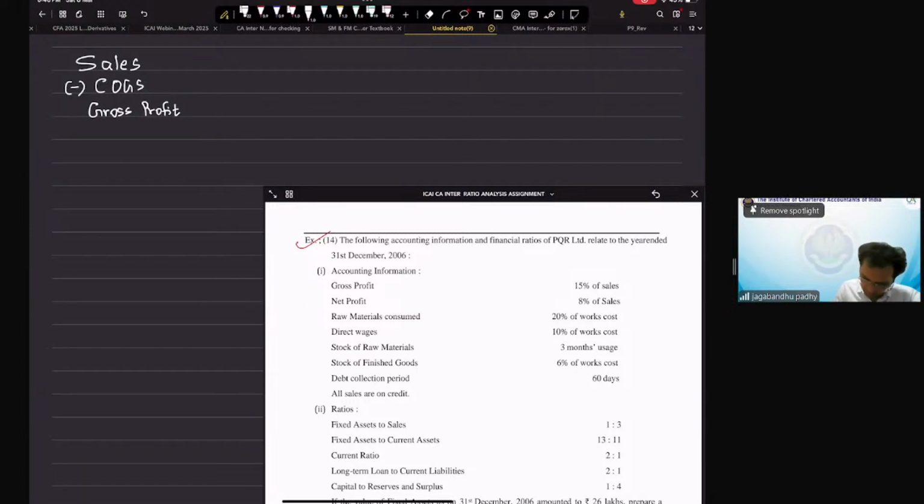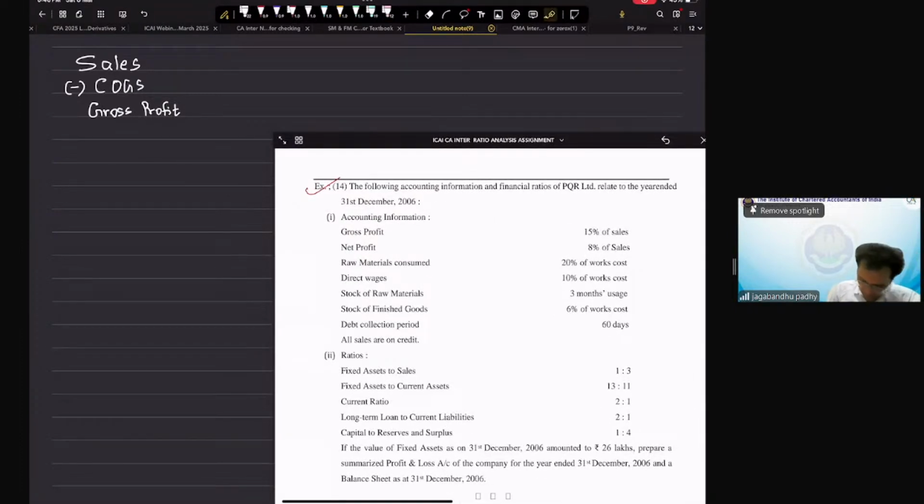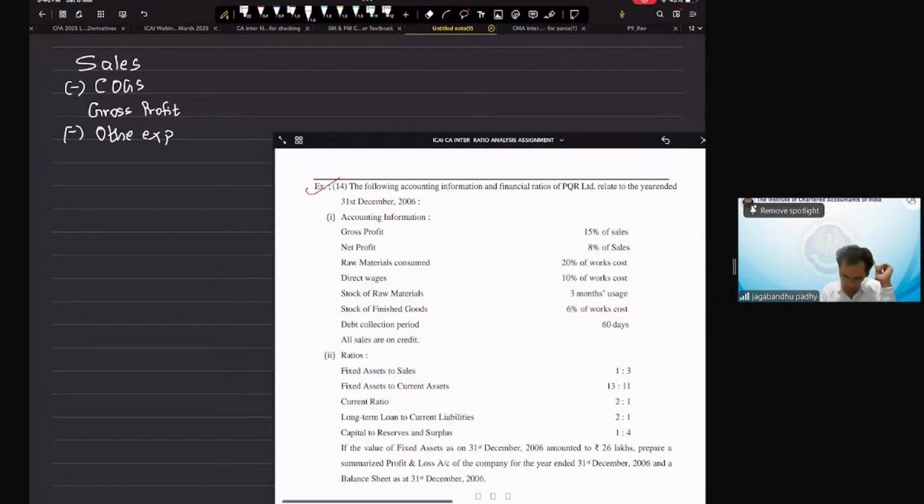Then we have net profit is also to be computed. Now, there's no other information about other costs like direct wages. Wages are given, but that will anyways be a part of COGS. There's no other expense specifically given to us. We'll say less other expenses, because we do have a long-term debt, but again the loan on that is not specified to us.